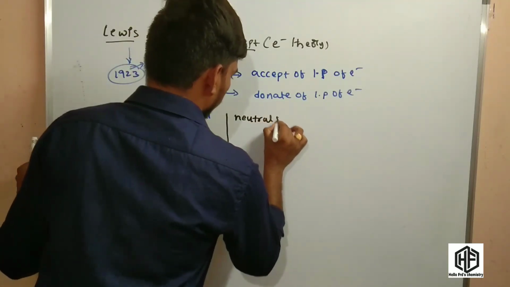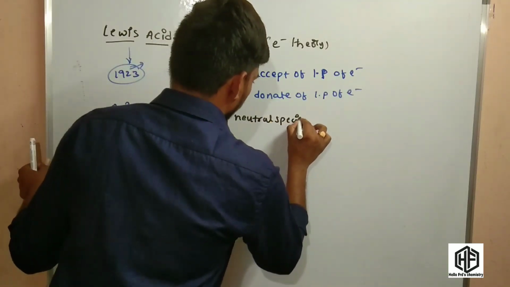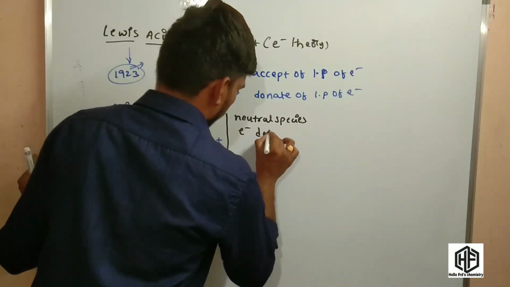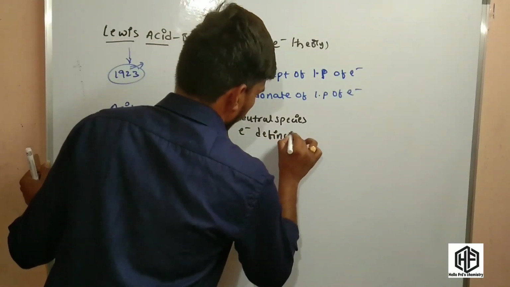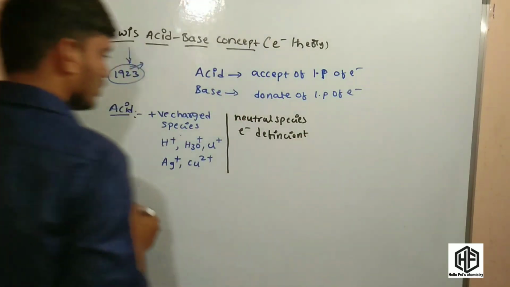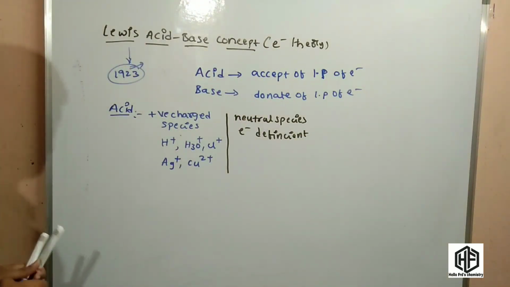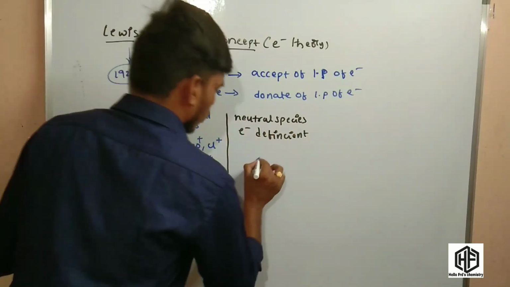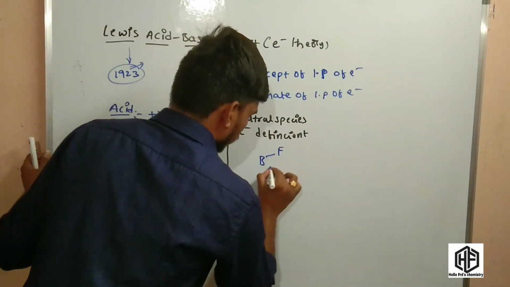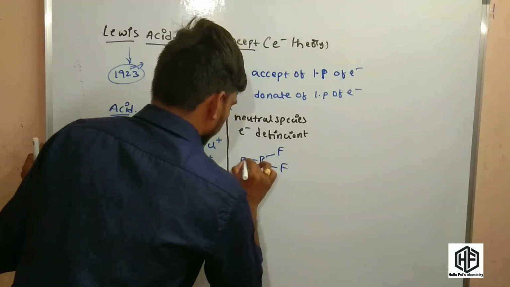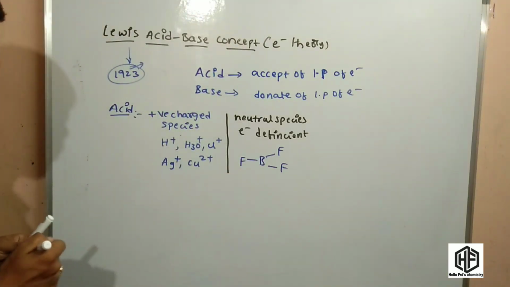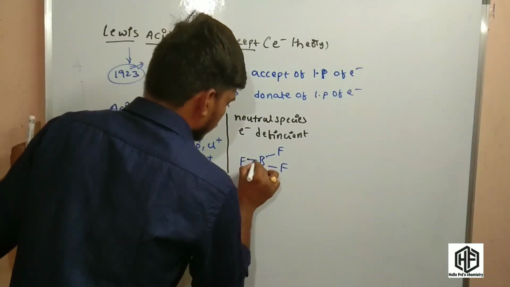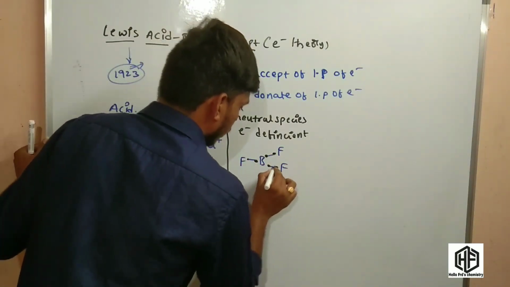Neutral species that are examples of Lewis acids are electron deficient species. For example, BF3 is a neutral species. It is electron deficient because only 6 electrons are present in this molecule.